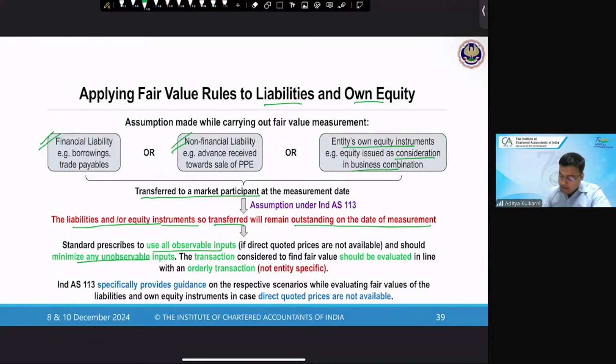The transaction considered to find fair value should be evaluated within an orderly transaction. Ind AS 113 specifically provides guidance on the scenarios while evaluating fair values of the liabilities and own equity instruments in case direct quoted prices are not available.